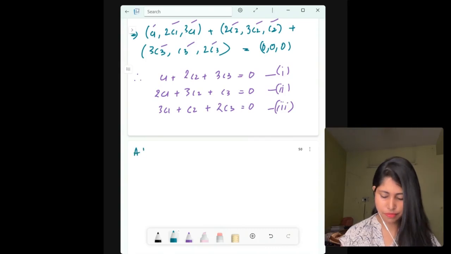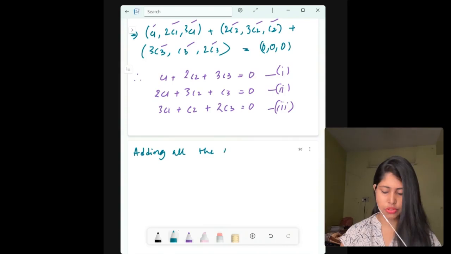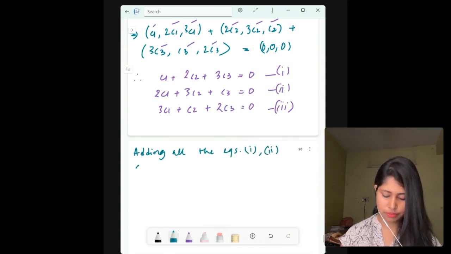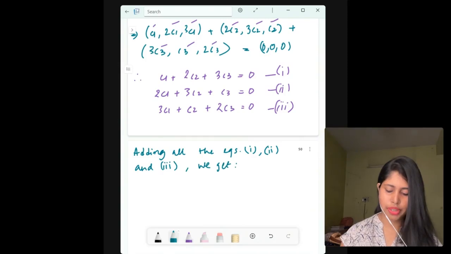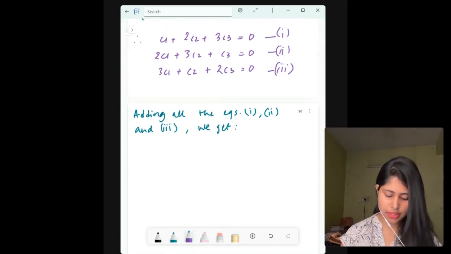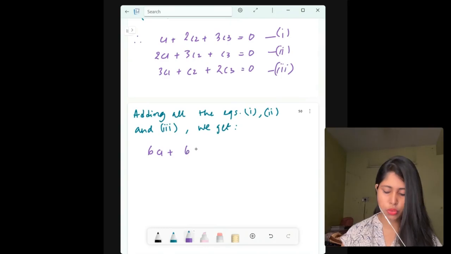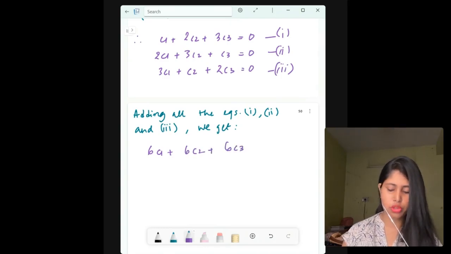Adding all the equations 1, 2, and 3, we get 6c1 plus 6c2 plus 6c3 equals 0.